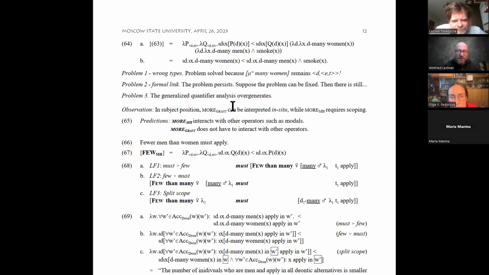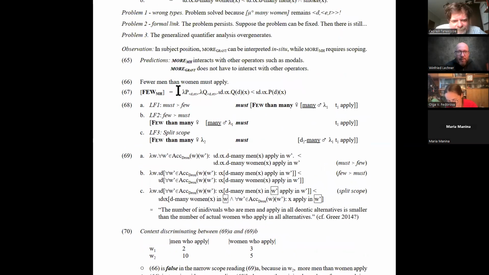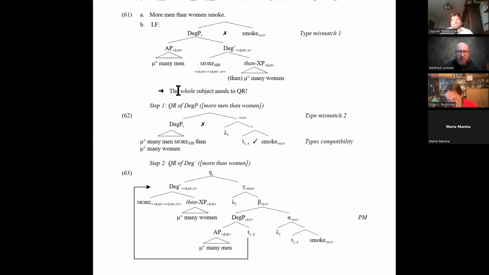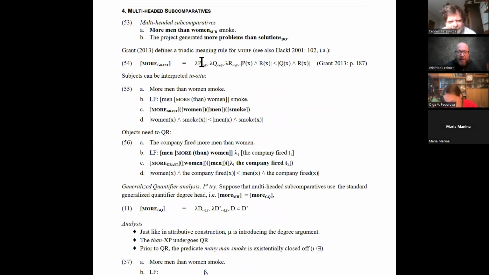And in addition, there are more interesting questions about what all these movements predict for the interpretation. And I think we also get the wrong results here. So what we have to conclude is that a generalized quantifier version of more is unlikely to succeed. What Grant was suggesting, the version in which we have a triadic quantifier, a triadic relation here, seems to be the best option at the moment.